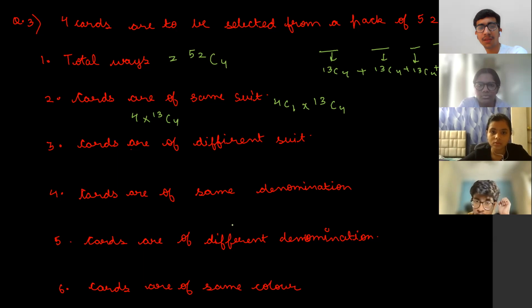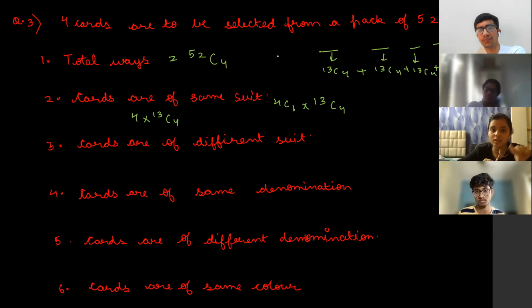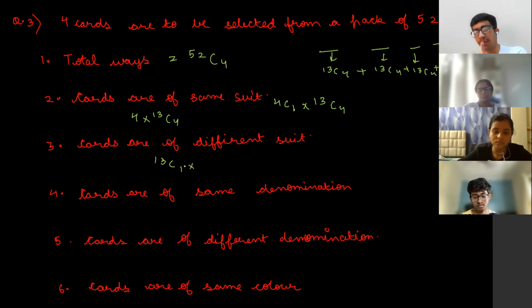Adit, your answer is correct for the third one. Okay, tell me, what are you doing in 13C1 into 4? Sir, 13 cards in one suit, so 13C1, and then for each suit, so into 4. So do you have to add them or multiply them? With 13C1 you picked one card from any one suit. Now why do I multiply? Because I also have to pick the next card. Here I was adding because I picked 4 cards in one case, and this is another case where I pick 4 cards.